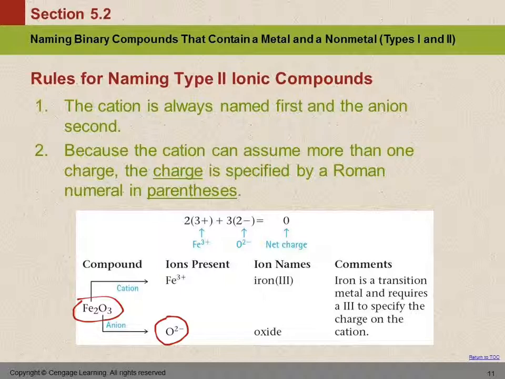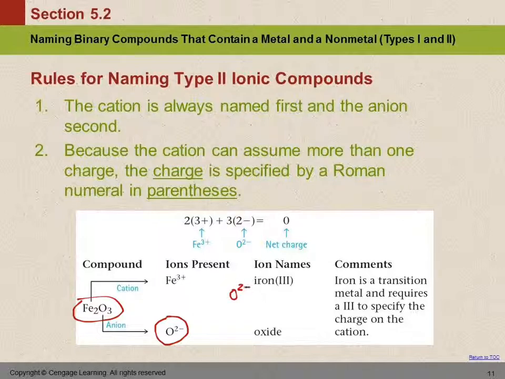And we know that there's 3 oxygens and there's 2 irons, and together their charges add up to 0. So your book here gives a little more of a mathematical way of looking at what is the charge on the iron, but you might prefer to draw pictures.